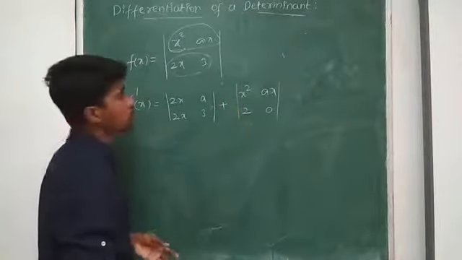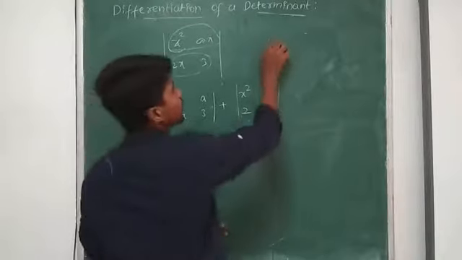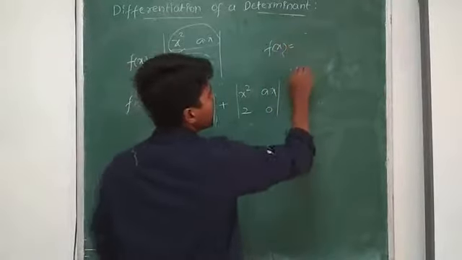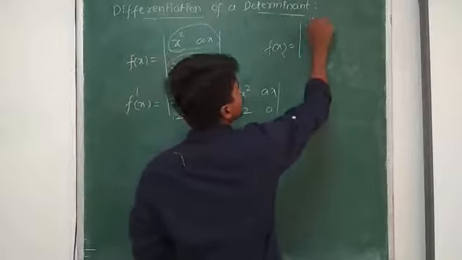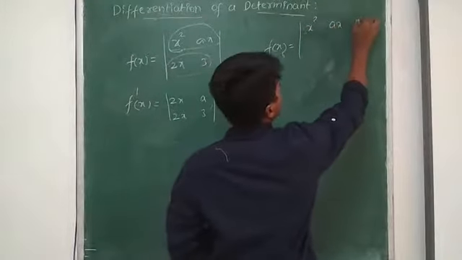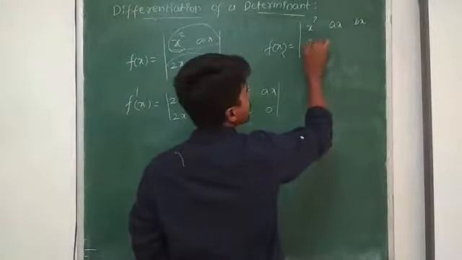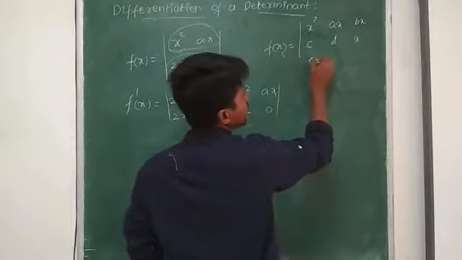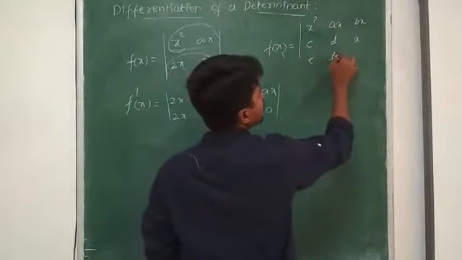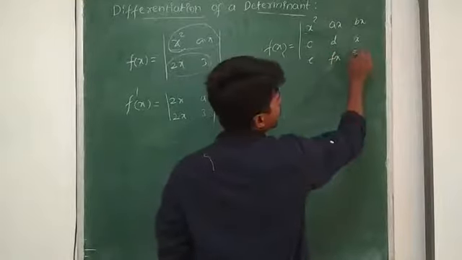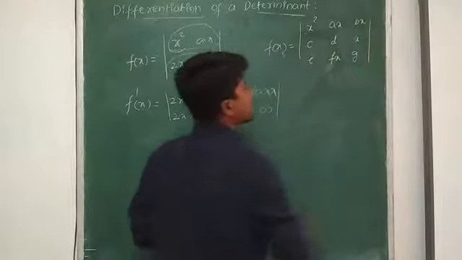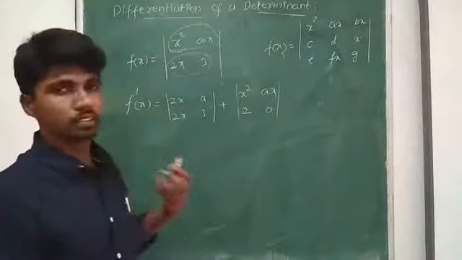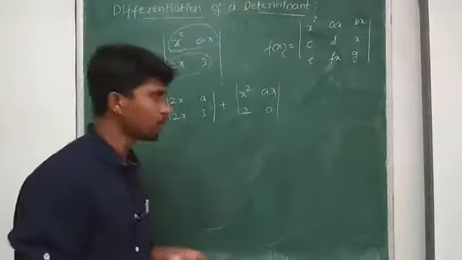What about if I have a function like x square, ax, bx, c, d, x, e, f, x, g. So I have 3 rows. Then what do we have to do?